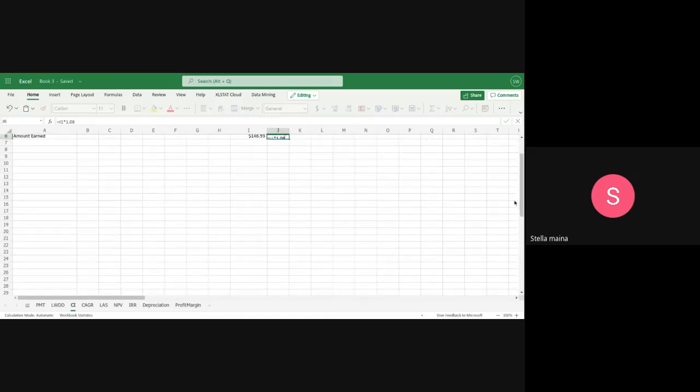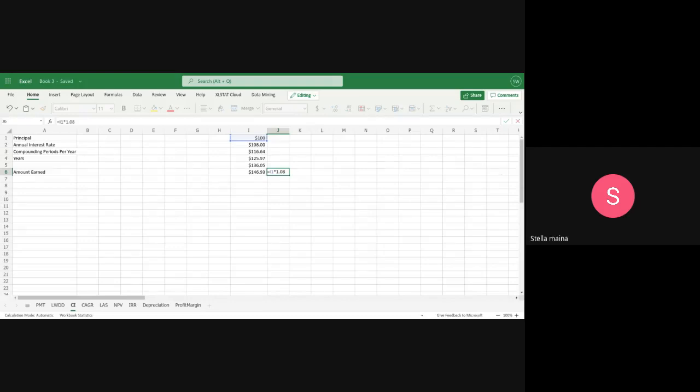Or you can say 1.08 raised to power 5, which still gives you 146.93.